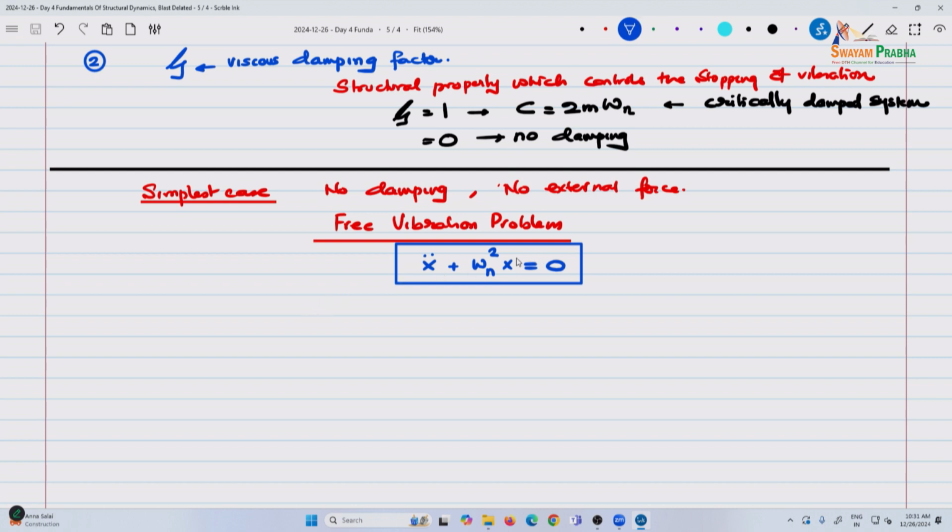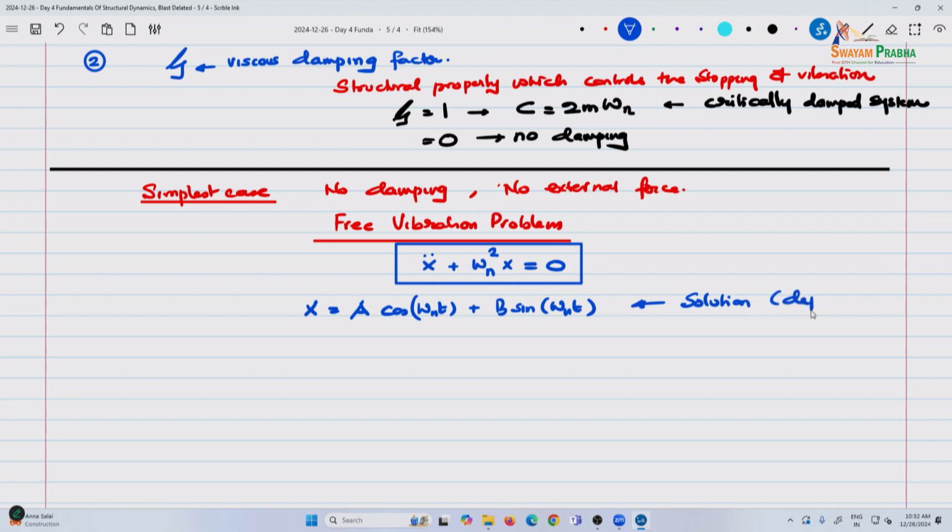this is time dependent, so we need initial values. Omega is boundary conditions. Solution to this expression x is, let us say, a cosine omega n t plus b sine omega n t. This is the solution.